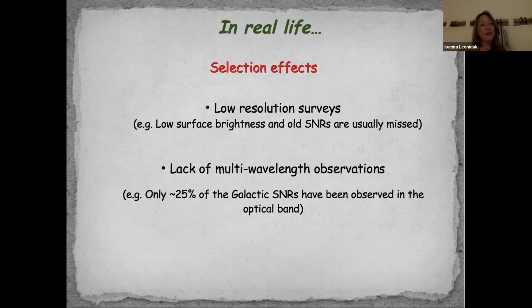Or, on the other hand, the lack of multi-wavelength observations. For example, people have been afraid to observe in the radio at high galactic latitudes, because most galactic supernova remnants lie in the galactic plane and they are afraid of not detecting anything, but many radio SNRs have been detected at high galactic latitudes.